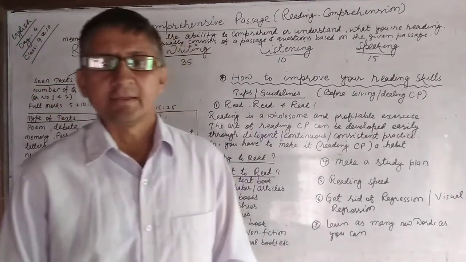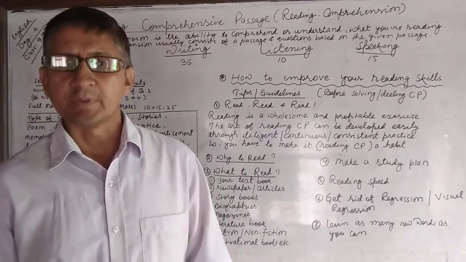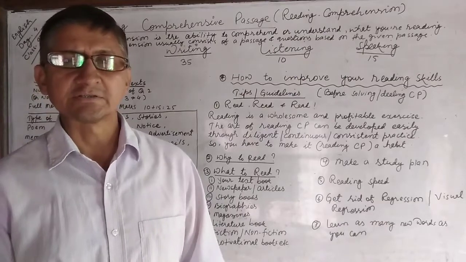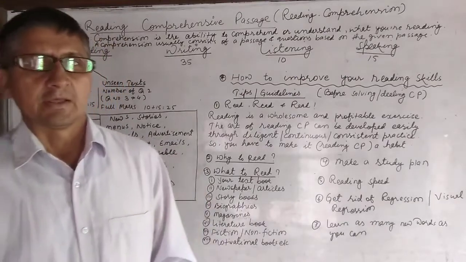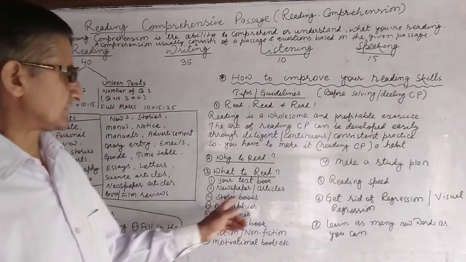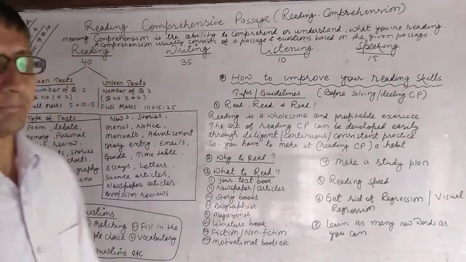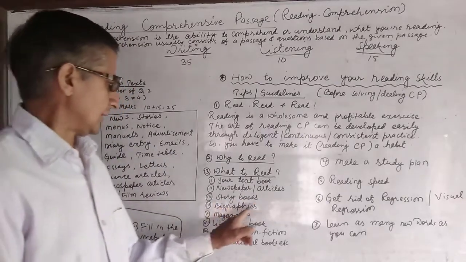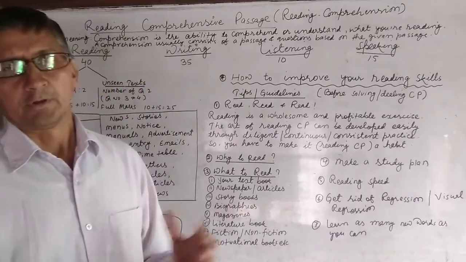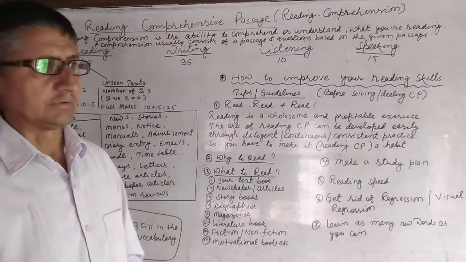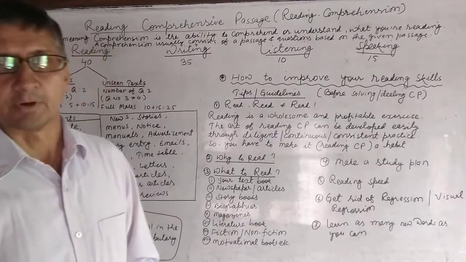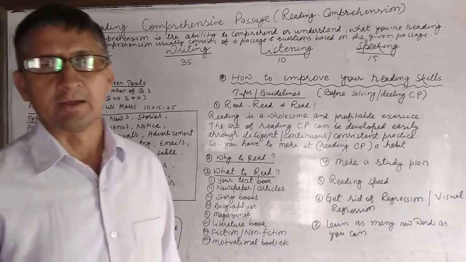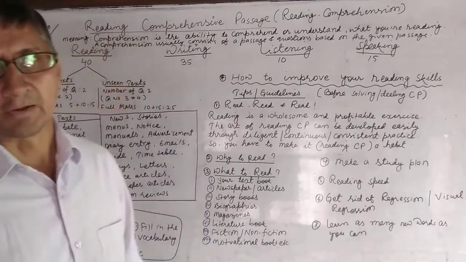Another, you can read newspaper articles. You can read storybooks. You can read the biographies of popular persons of the world. I have given the example of 3 popular persons: Jack Ma, Elon Musk, Warren Buffett.